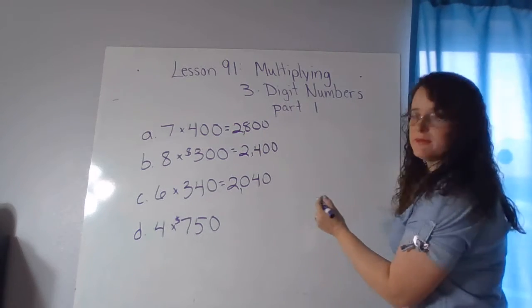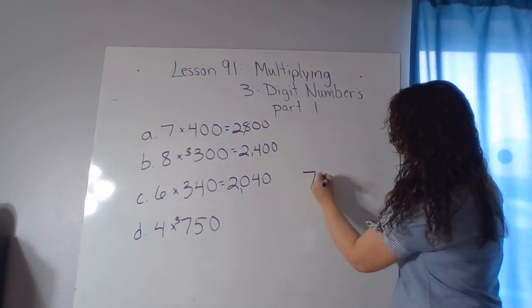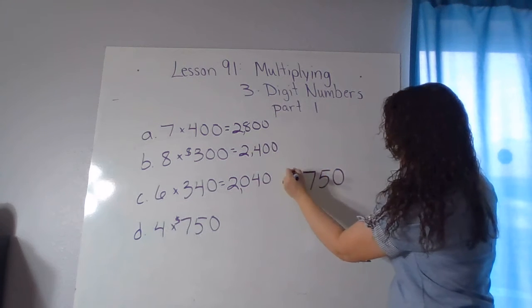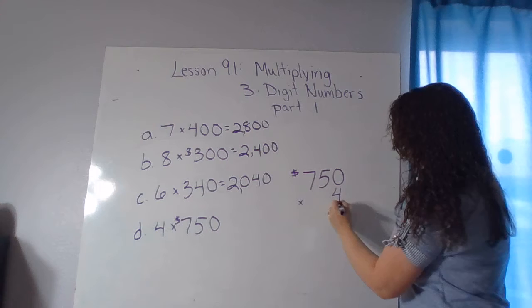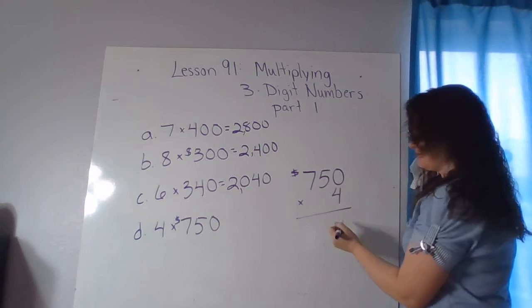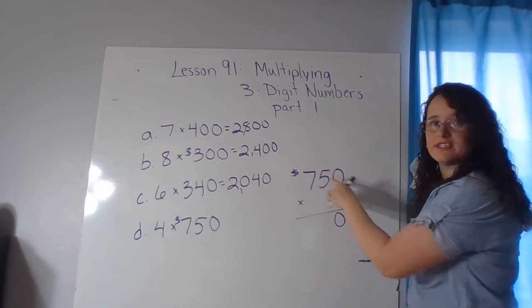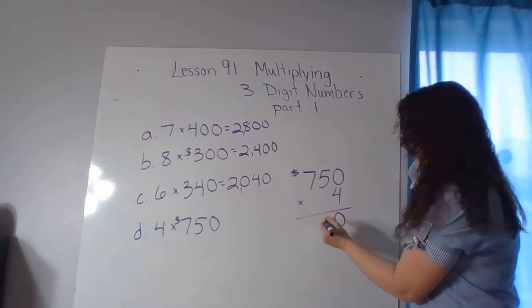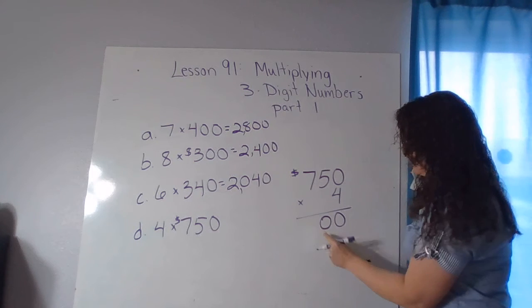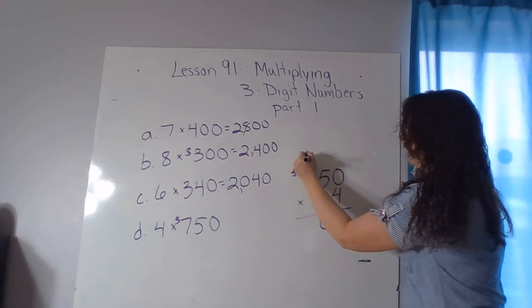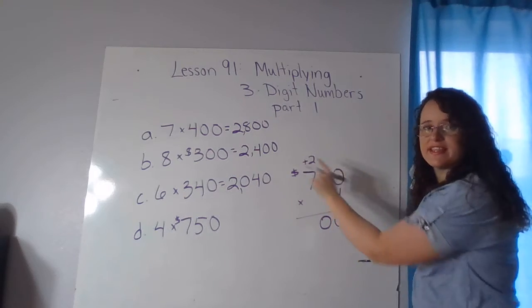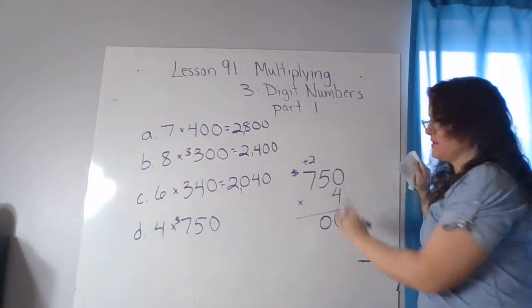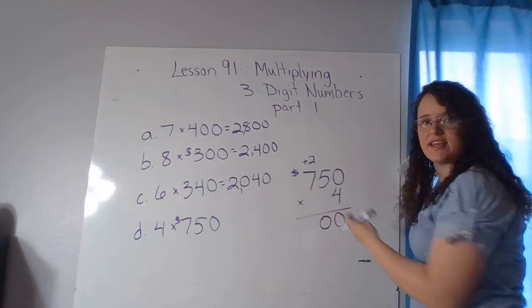And our last problem is $750 times 4. 4 times 0 is 0. 4 times 5, that's 20. So my 0 goes down here. My 2 goes over to the next. Just like with addition, we go from the ones to the tens to the hundreds.